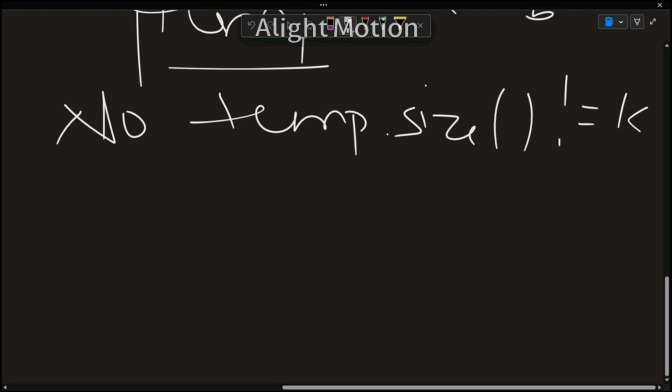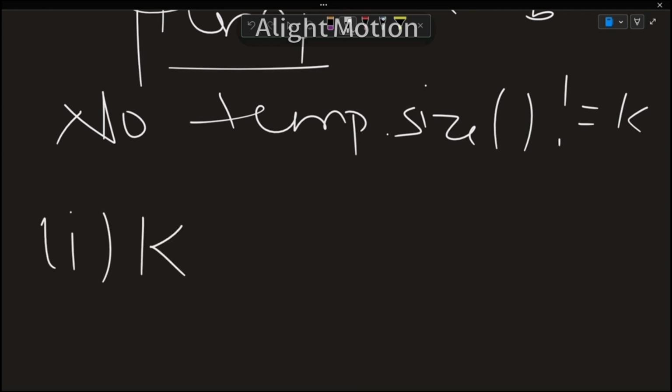Now, if temp.size is equal to k, as I am saying, it can be my answer, it may not be my answer. But why? Because keep a condition in mind that k by 2 elements we need to choose from A and we need to choose from B as well. Means the size of array A and the size of array B must each be greater than or equal to k by 2.